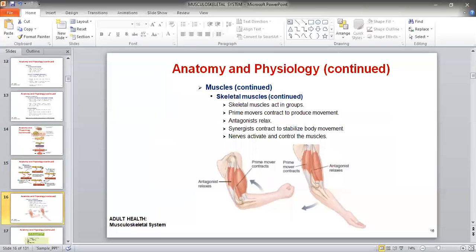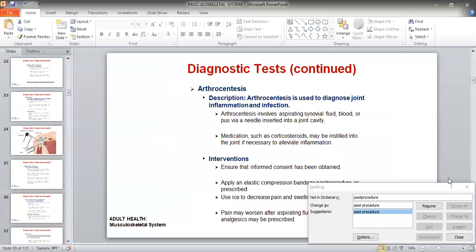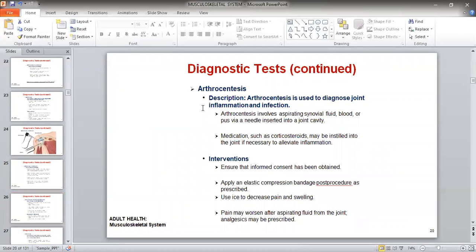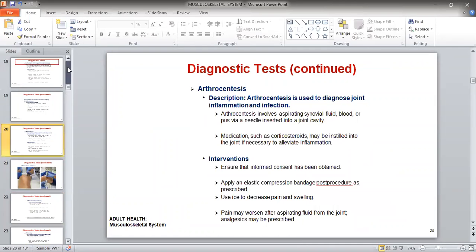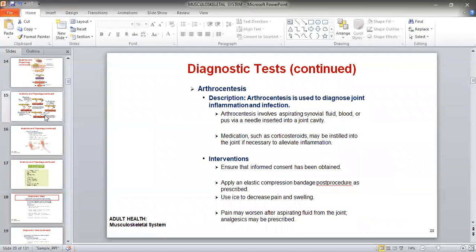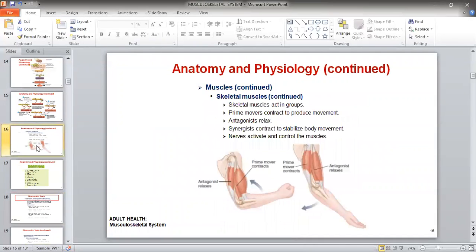And here showing the skeletal system how work basically. Let me go through. We have done here. So skeletal muscle. We are talking about the skeletal muscle, not cardiac muscle, not smooth muscle, because this is musculoskeletal system.